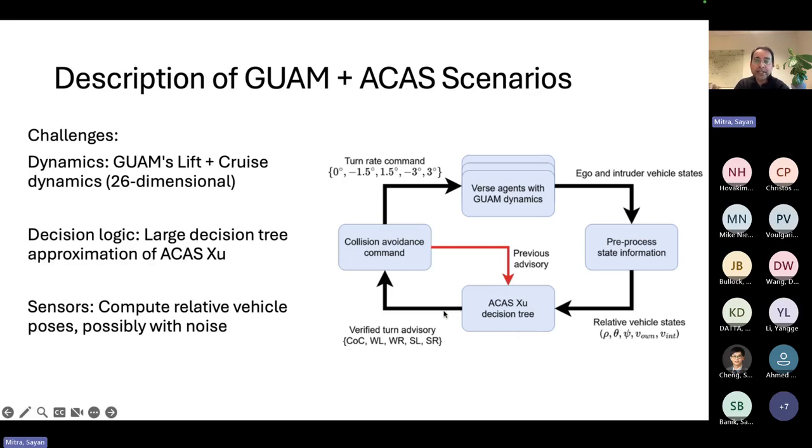So that would be the finest grain explanation for why a decision was being made at a particular state.